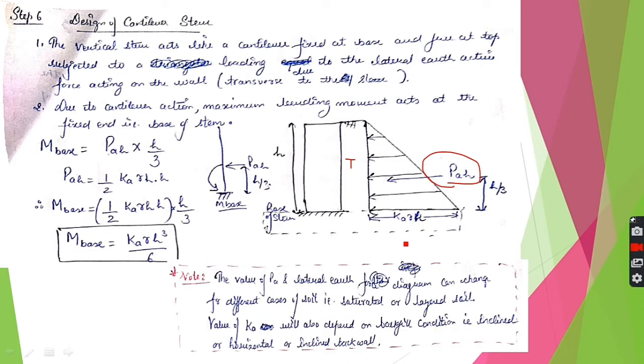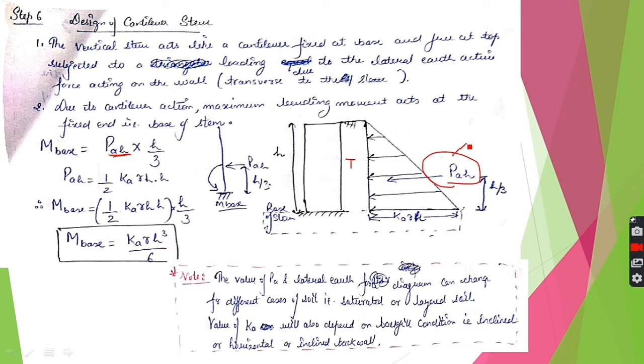It may be different, as we have studied in the lecture number 2 of different earth pressure cases. So in any case, depending on the soil which is given to you, we calculate the value of PAH earlier.